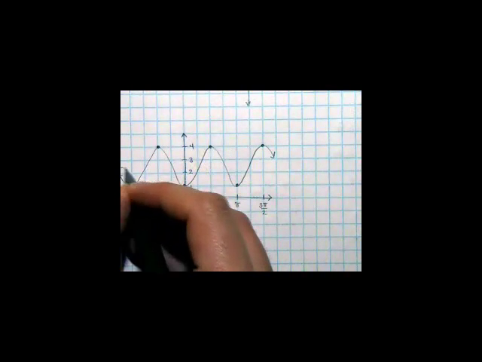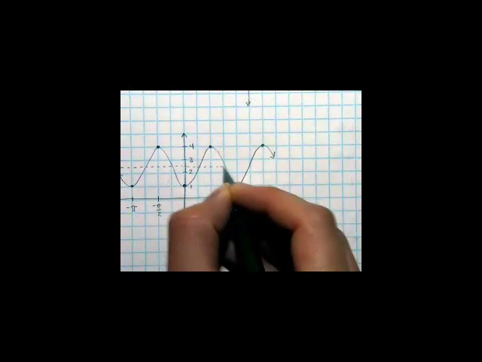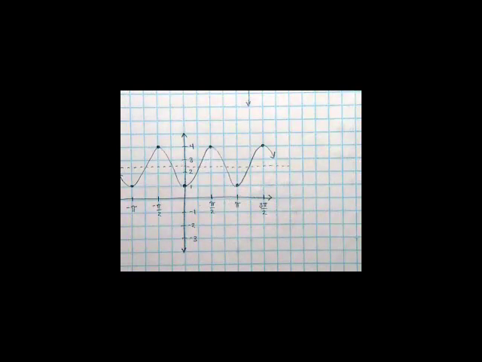It's 2.5 right through here. And that midline should be exactly halfway between where the max and the min are, right? So the maxes are at 4, the mins are at 1, halfway is 2.5. So our vertical shift is 2.5.